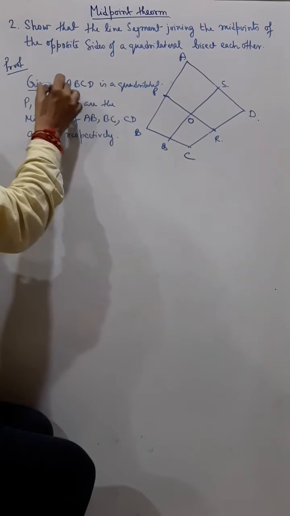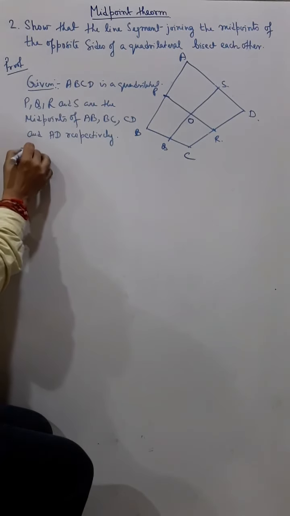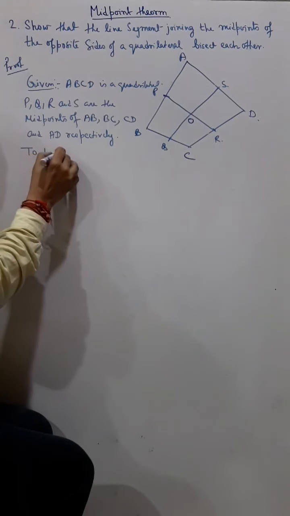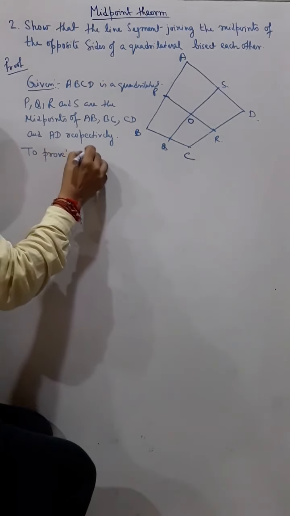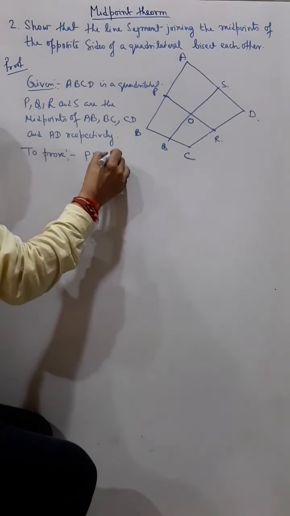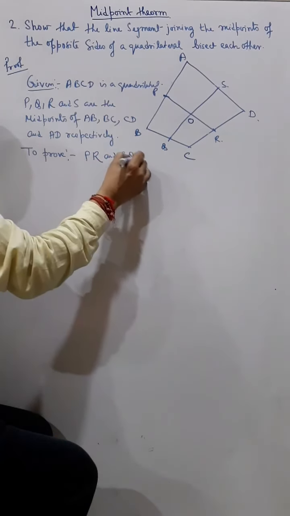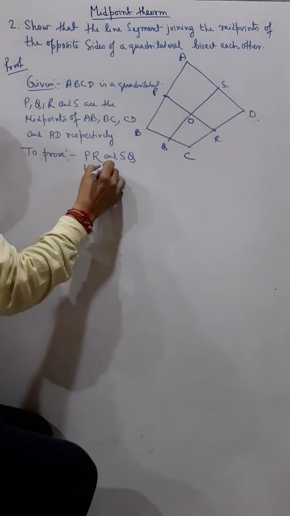Okay. Now what we have to prove? To prove PR and SQ bisect each other.